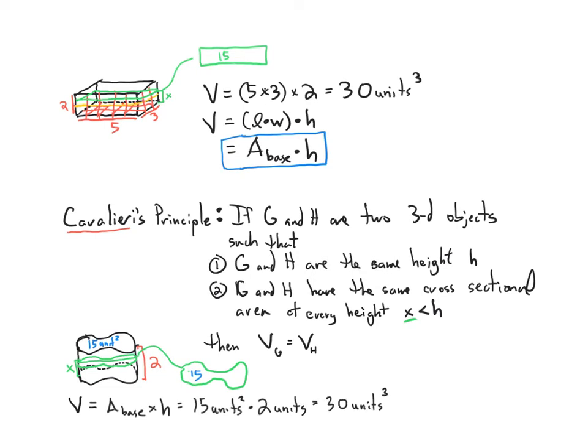cubed. So this whole formula of area base times height is applicable to all prism-like objects, where the top and the bottom are the same objects with the same area, and you just kind of draw a little right angle sides between them here.